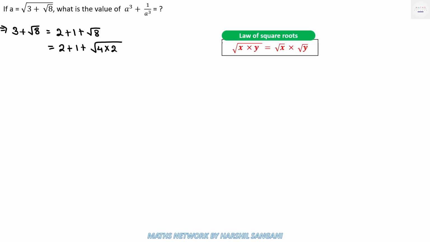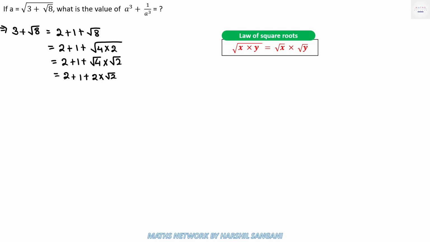Now here we use a law of square roots that for any variable, root of x multiplied by y equals root x multiplied by root y. So when we apply that law here, we will get 2 plus 1 plus root 4 multiplied by root 2.